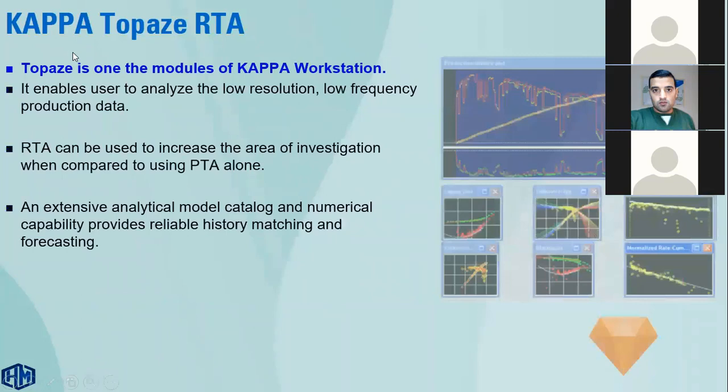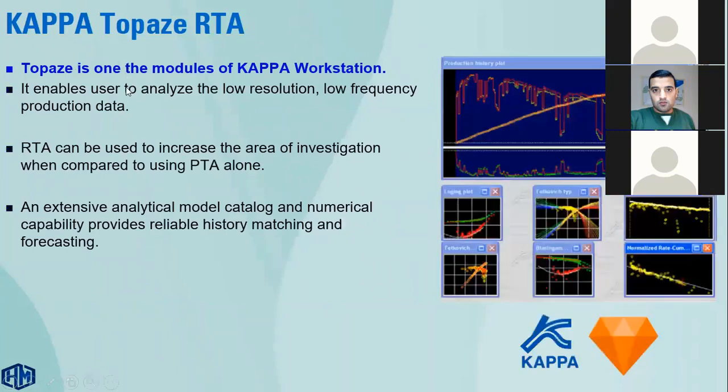Topaze software is typically used for RTA. Topaze is one of the modules of KAPPA Automation. This software will be used to analyze production data to calculate the reservoir parameters and calculate reserves and estimated ultimate recovery.